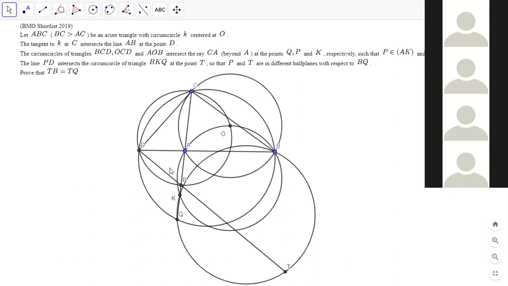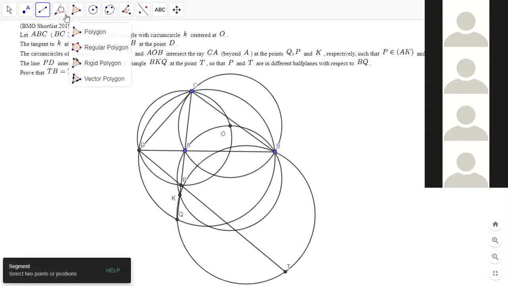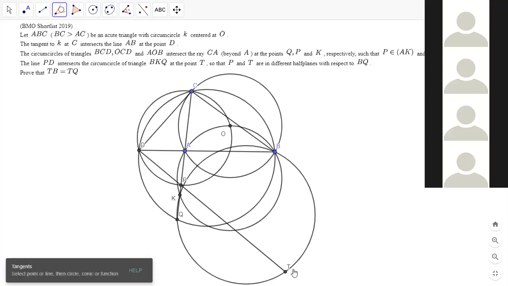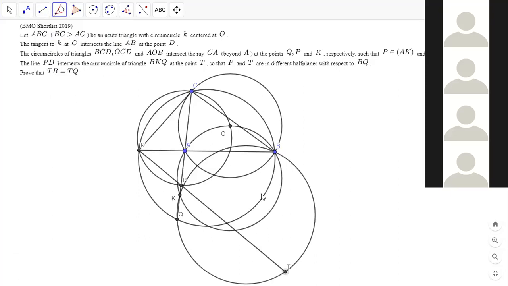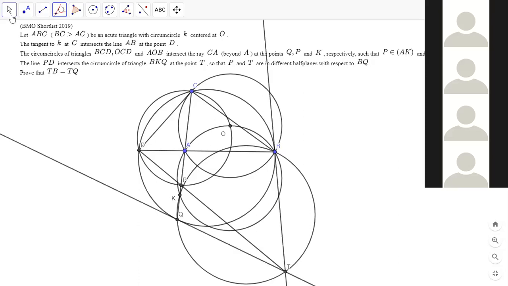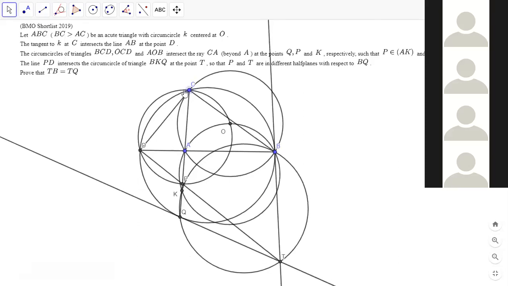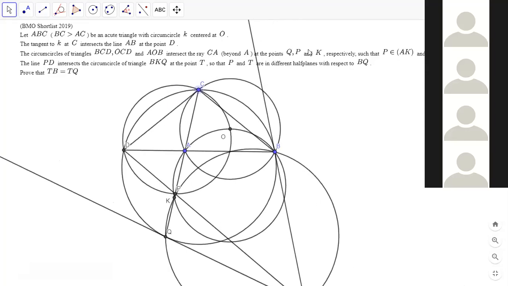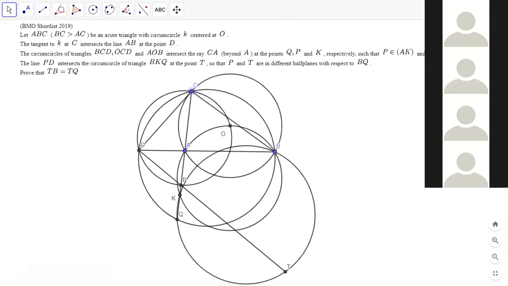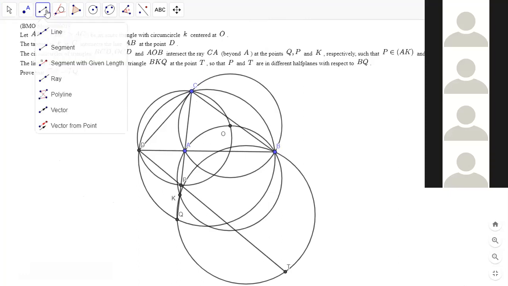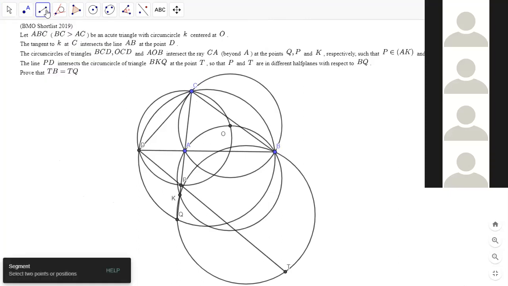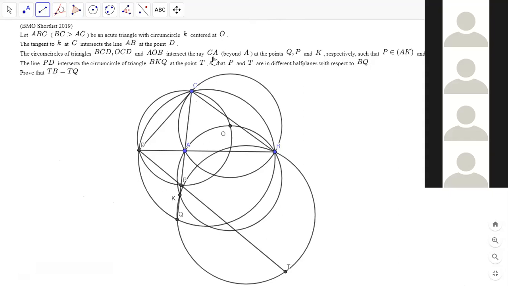I'm just guessing, but I think that TB and TQ are the two tangent lines to the circumcircle of BCD. Can you check for me? Yeah, it looks like it. Let me move stuff around a little bit, but I think you're right. Yeah, no, it looks like it's definitely true. So then we could try to do an angle chase to show angle TQC is equal to CDQ.